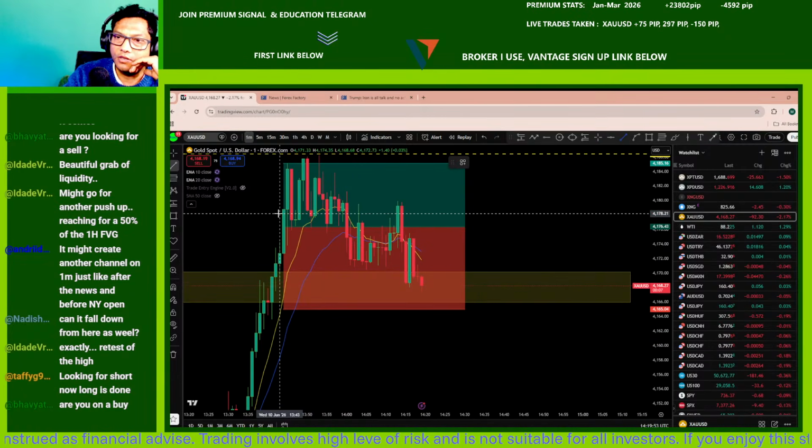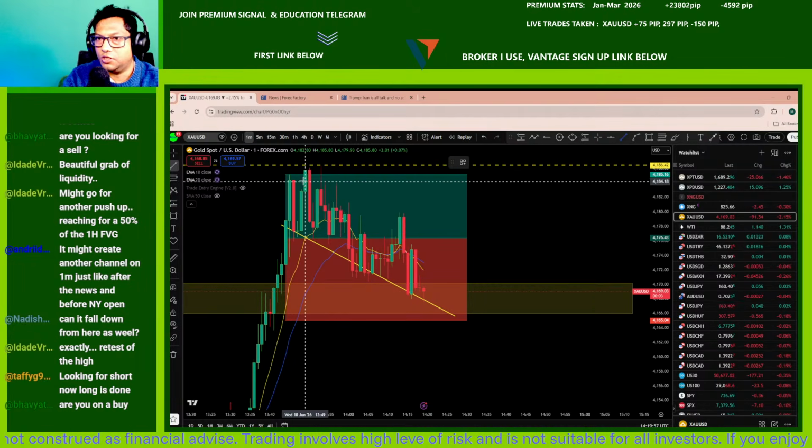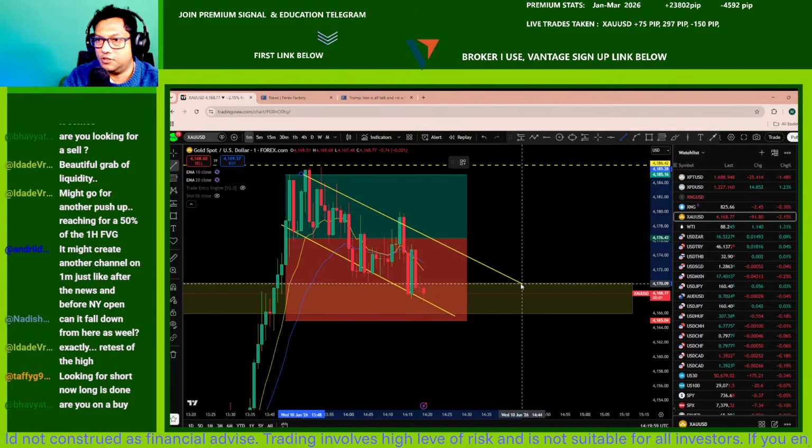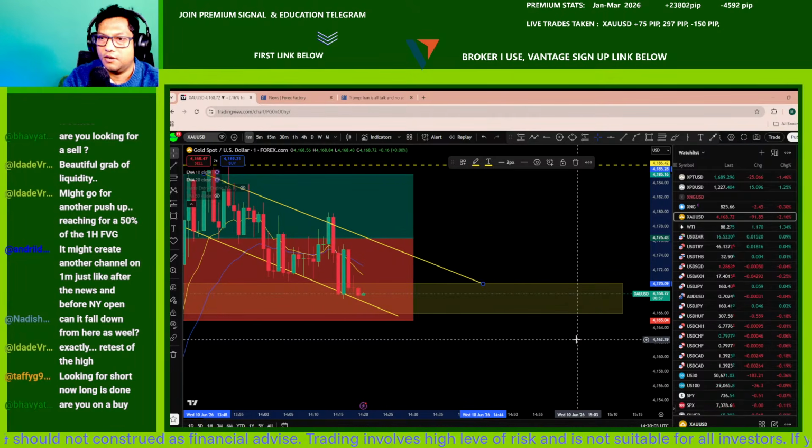This is a flag pattern that you can see, and looking to see if this flag pattern is having a potential reaction back here.